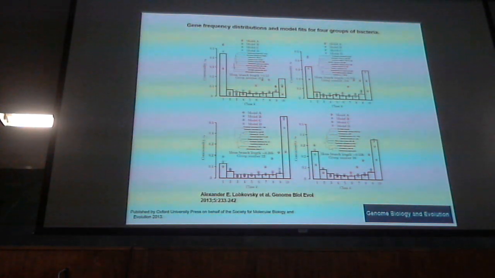Okay, now a quiz again. It now comes from Koonin's group. So you have groups of 10 strains coming from different parts of the taxonomy tree. In some of these groups, strains are closely related.